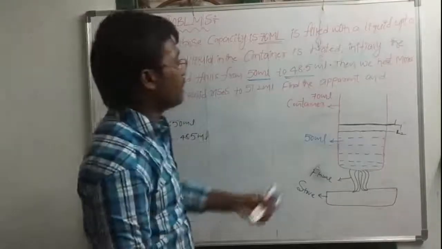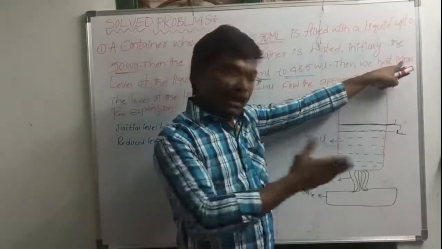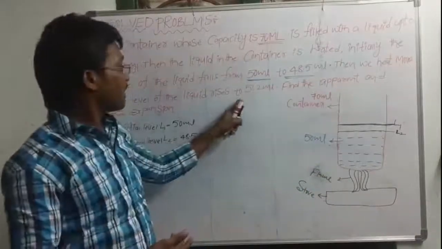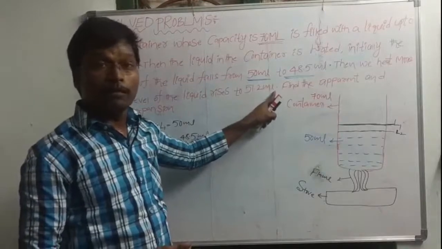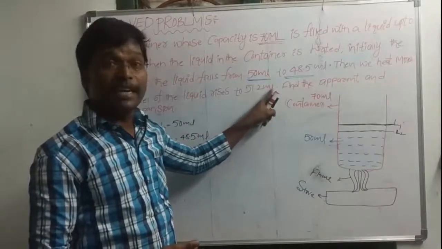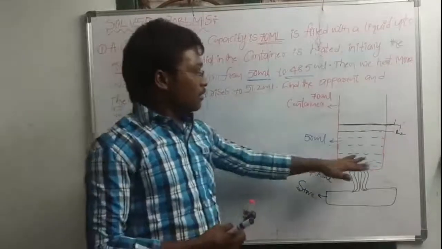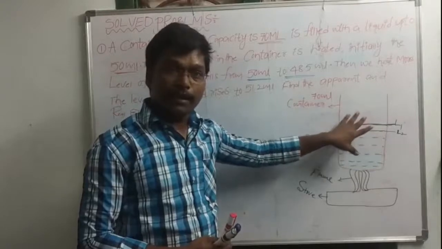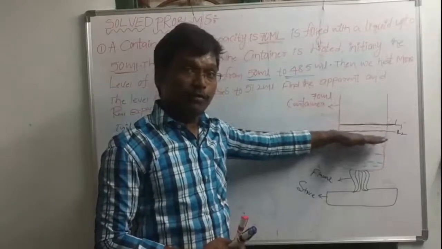Now what happened after that? Then we heat more. Still we are heating by the use of the stove. The level of the liquid rises to 51.2 ml. 51.2 ml means milliliter. So whenever we started heating the container, the liquid level decreased from 50 to 48.5.